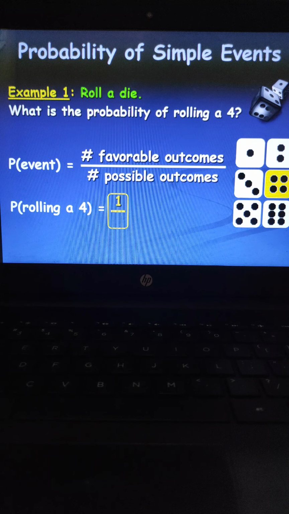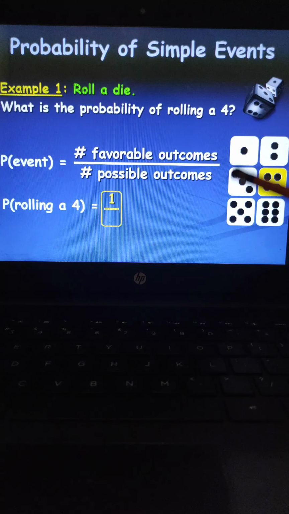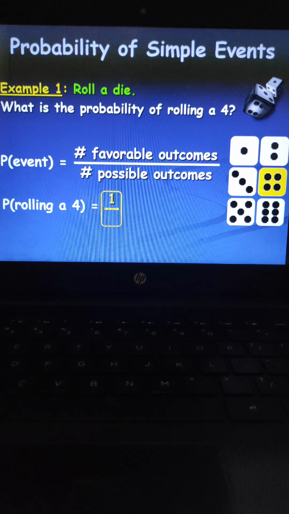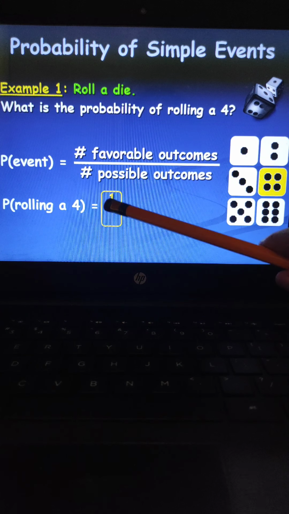How do we know that it is 1? In a die, there are 6 faces and each face has a number: 1, 2, 3, 4, 5, 6. Since we are looking for the probability of 4, and there is only one 4 on a die, our favorable outcomes is 1.